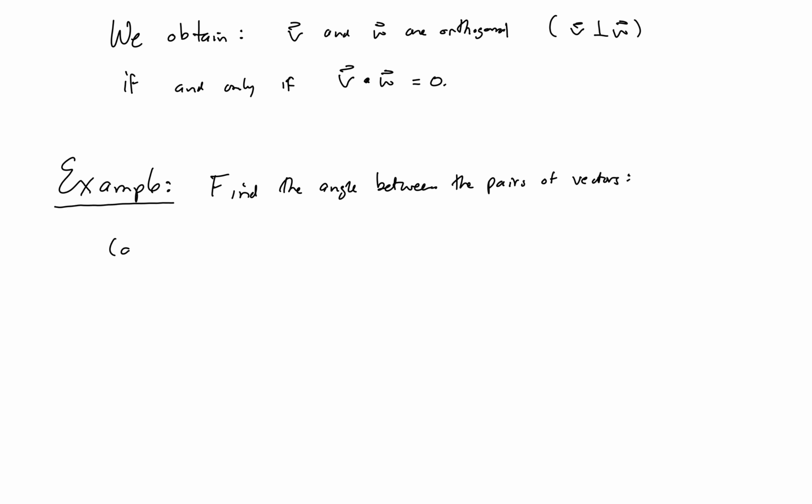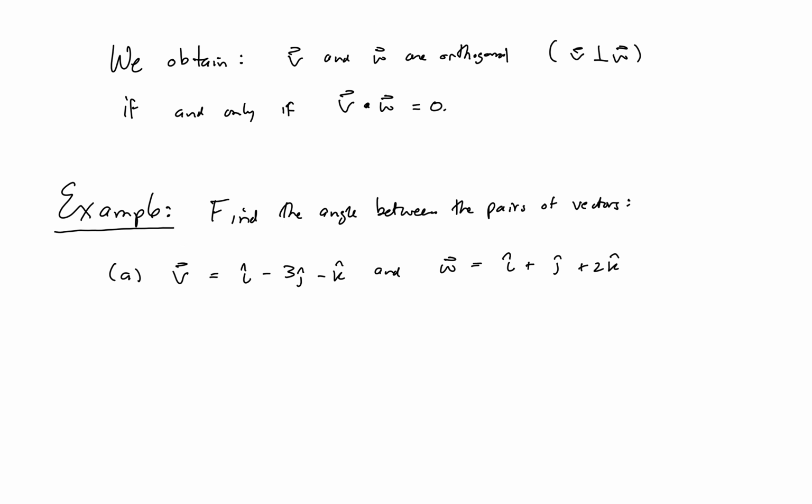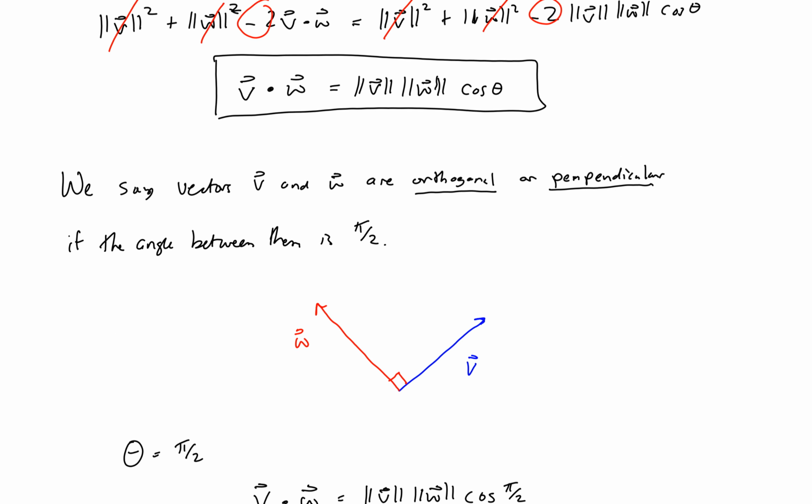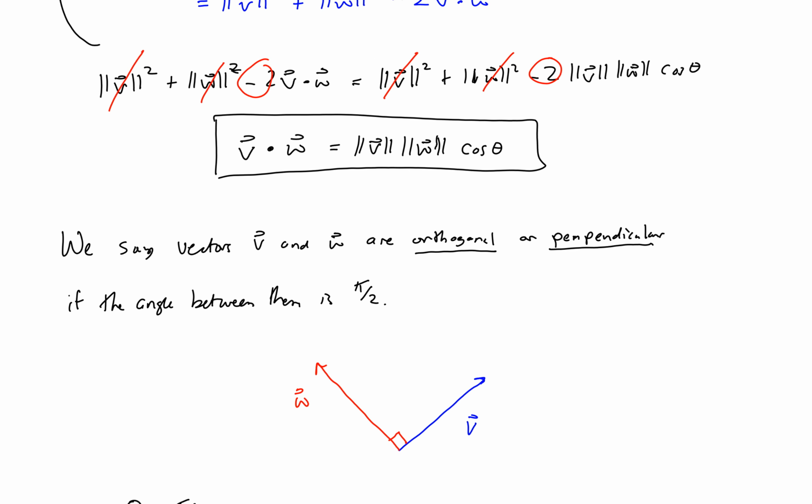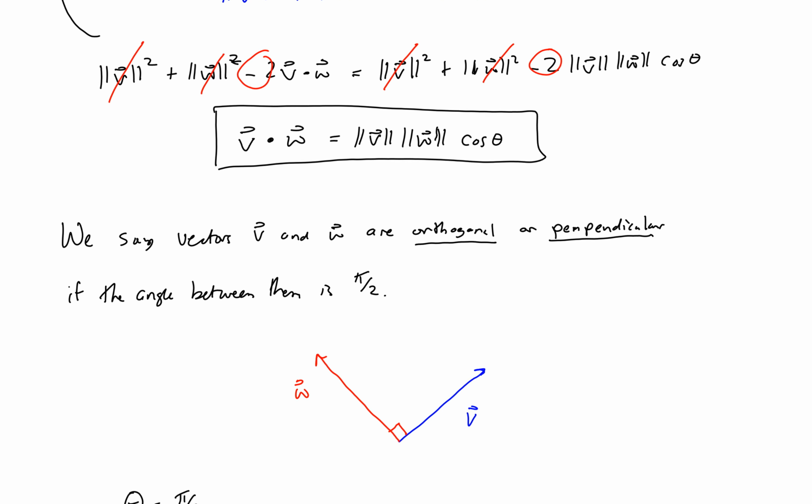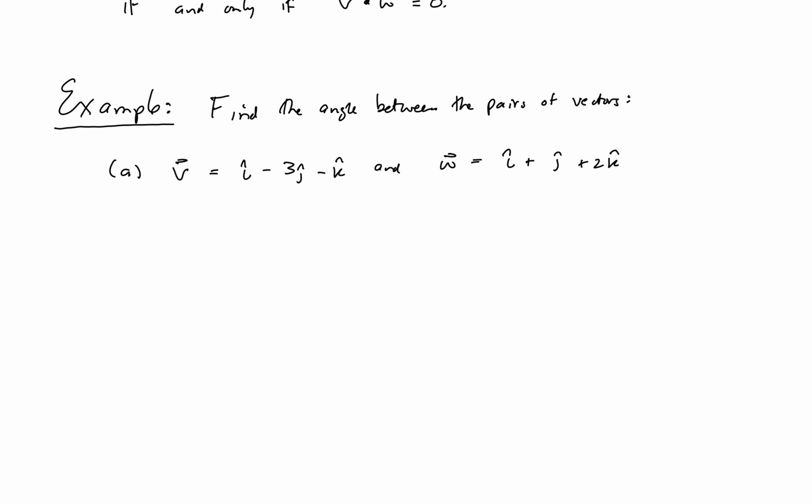So for the first one, let's do v being i minus 3j minus k, and w being i plus j plus 2k. So there's a few things we need to calculate here. So if we look at our formula above, I need to know v dot w, I need to know the magnitude of v and the magnitude of w. So we're going to calculate all those things to start with.